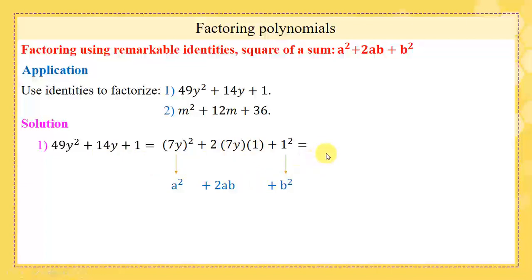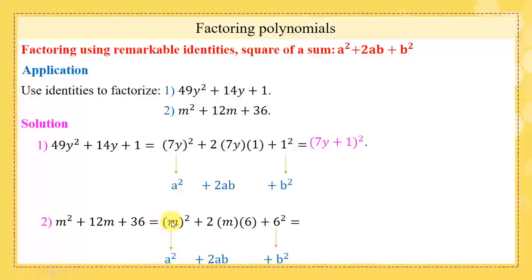The answer is a perfect square, a square of a sum, which is (7y plus 1) squared, (a plus b) squared. Similarly, m squared plus 12m plus 36: the two square terms are m squared and 36. m squared is equal to a squared, and 36 is a perfect square, which is equal to 6 squared.